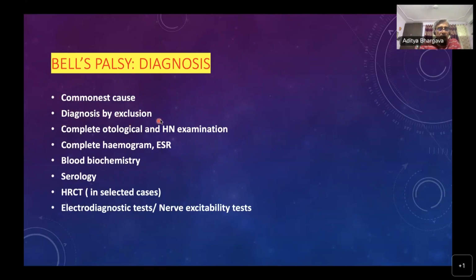Then you exclude other causes by doing other tests and examinations: complete otological and head and neck examination, hemogram, ESR, biochemistry, serology, HRCT in selected cases where we are deciding when to operate, and electrodiagnostic tests and nerve excitability tests.